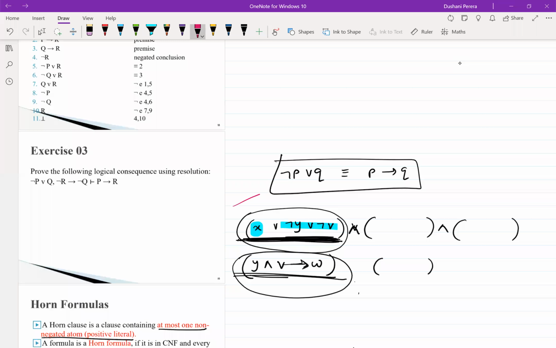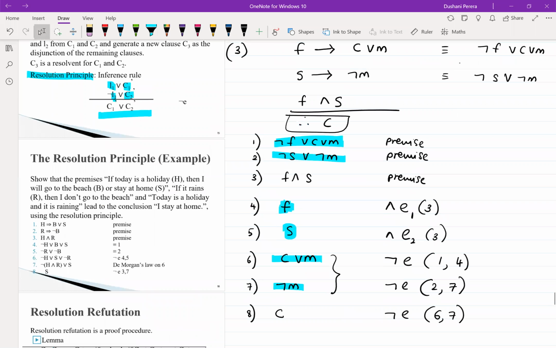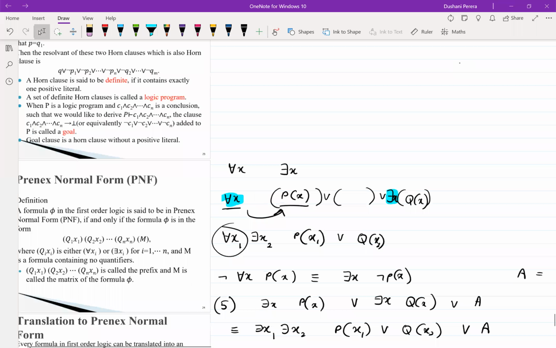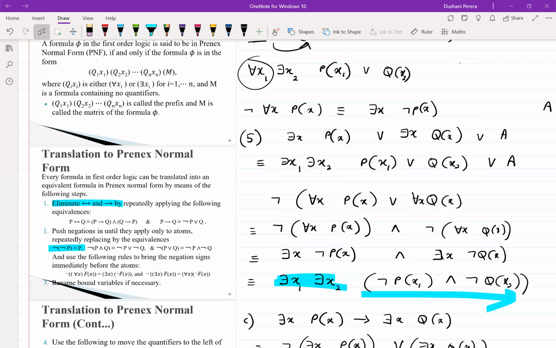Then the resolution principle, which we talked about a couple of weeks ago, we gave a formal definition. And finally the prenex normal form, which is involved with predicate logic: you have quantifiers and predicates, and you take the quantifiers to the left side, followed by the rest of the predicates. Right, so that's it for today.